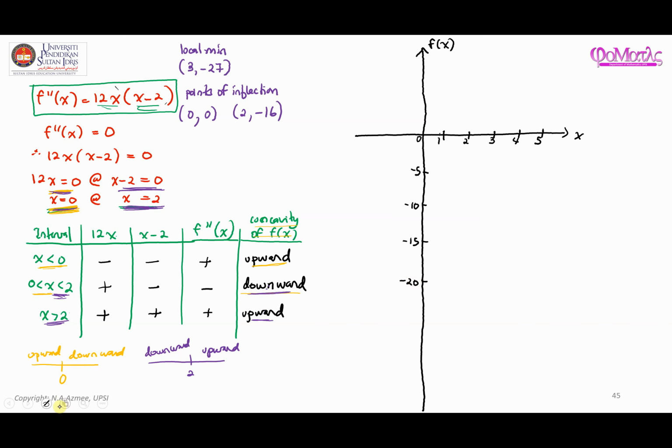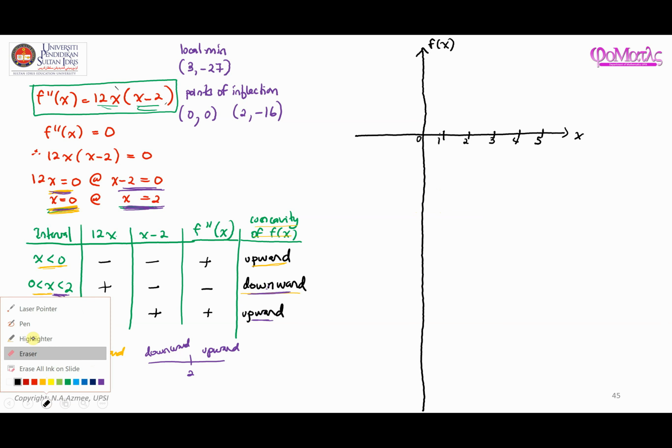Or maybe I can make the scale even bigger. Okay, let me just erase that. This could be negative 5.